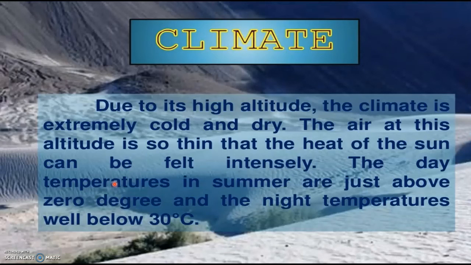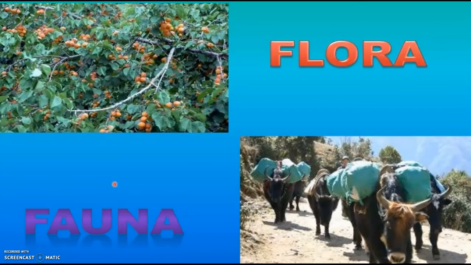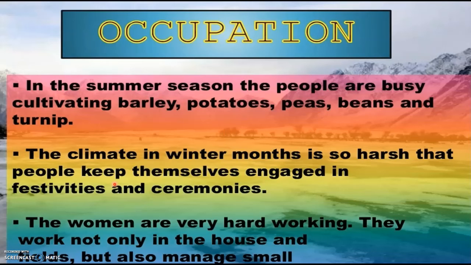Then what about the climate? Due to its high altitude, the climate is extremely cold and dry. Then flora and fauna, and the people and their occupation. In the summer season, the people are very busy cultivating barley, potato, peas, beans, etc. Then the climate in the winter months is so harsh.